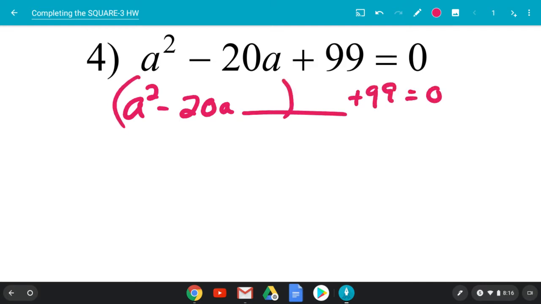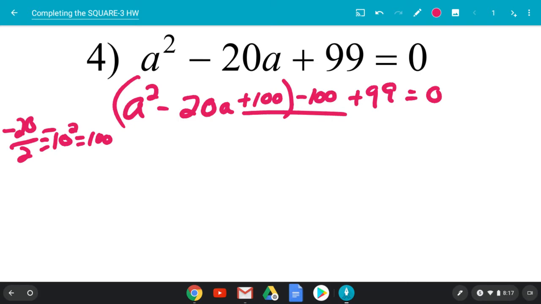Parenthesis around. Negative 20 divided by 2 is negative 10. Squared is 100. So I will add 100 and subtract 100. Factor the perfect square trinomial to get a minus 10 quantity squared.